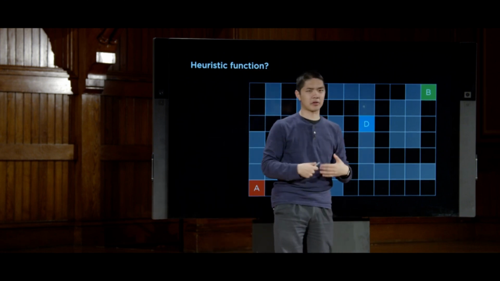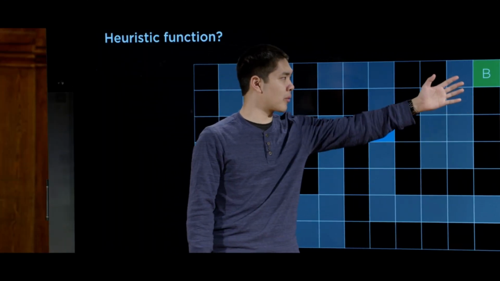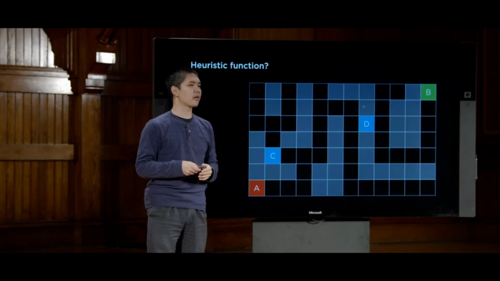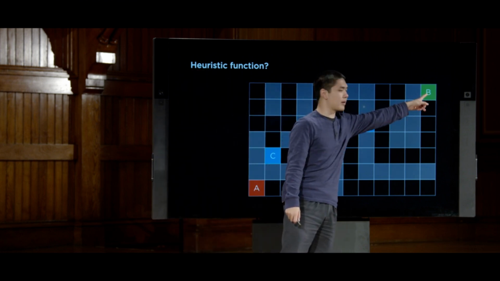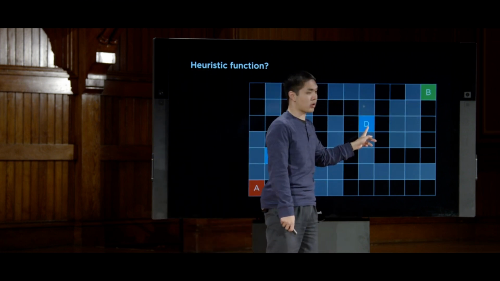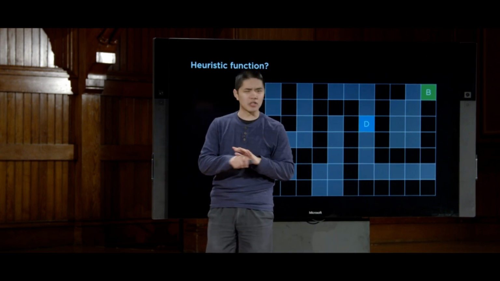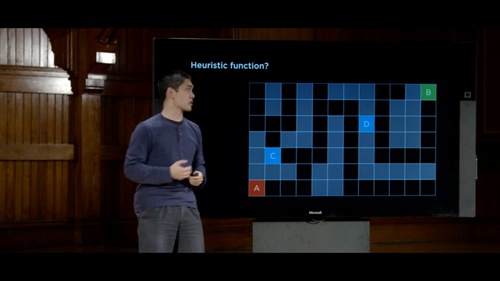D, just in terms of coordinate pairs, is closer to this goal. It's fewer steps that I would need to take to get to the goal as compared to C, even if you ignore the walls. If you just know the xy coordinate of C and the xy coordinate of the goal, and likewise you know the xy coordinate of D, you can calculate that D, just geographically, ignoring the walls, looks like it's better. And so this is the heuristic function that we're going to use.